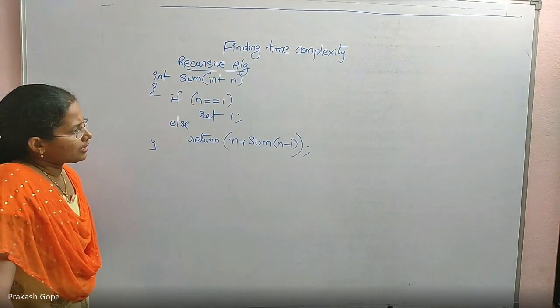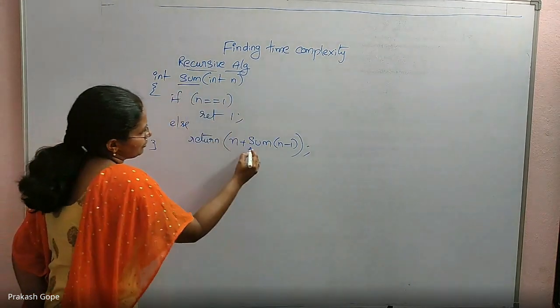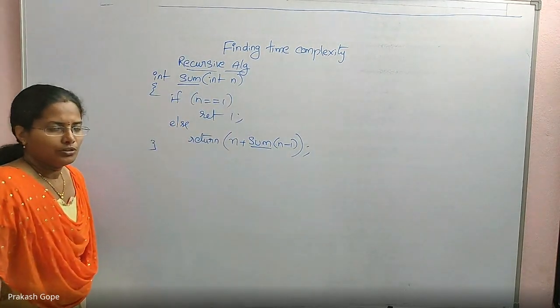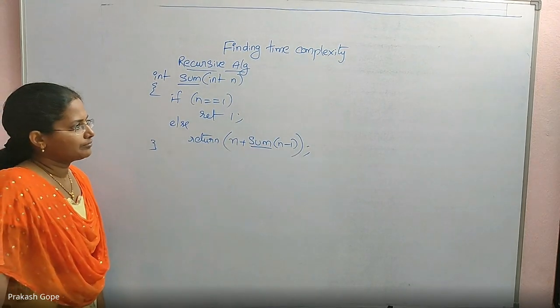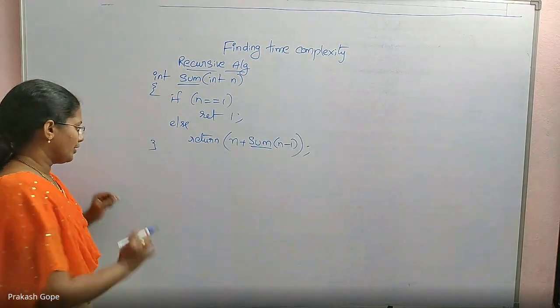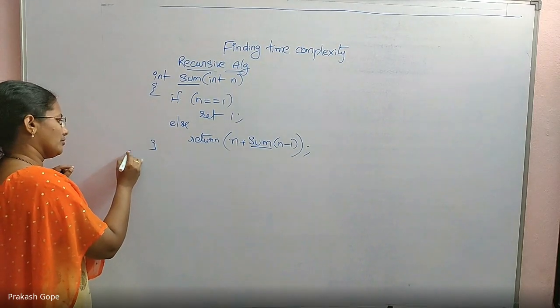So this is a recursive algorithm, the sum function is called. Now we want to find the time complexity of this algorithm, for which first we need to write the recurrence relation.